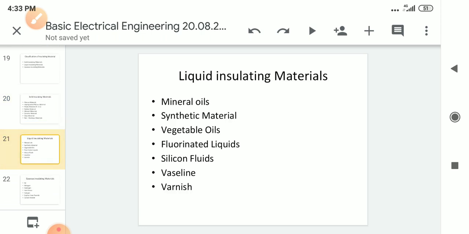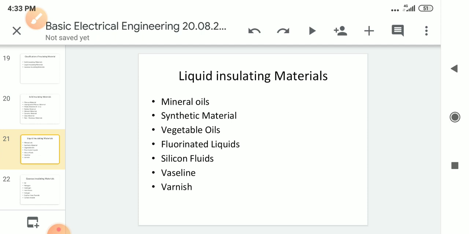After that, liquid insulation material. Mineral oils means kerosene, alcohols, lubricating oils, waxes, all are coming under mineral oils. Here, what is the application for this? Just remember, in a transformer, for cooling and to maintain insulation, mineral oil is used.